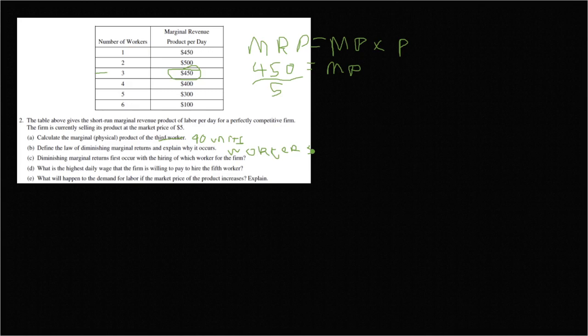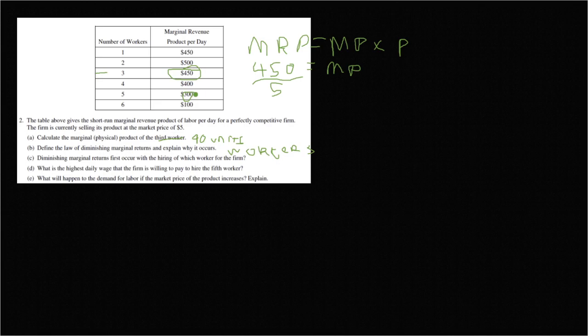People think at the margins they will pay up to whatever they make. So for the fifth worker, it'll be this $300. It's not $299.99. We're just going to assume that it is $300.